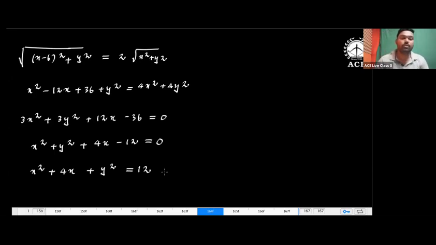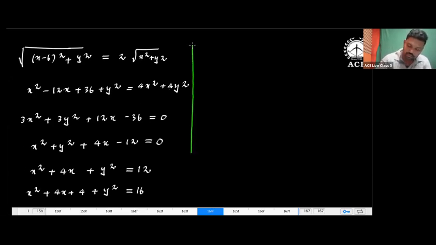Now what I'll do, I'll add 4 on both sides, beta. It will become 16. So how can this be written, beta? (x plus 2) whole square plus y square is equal to 16.